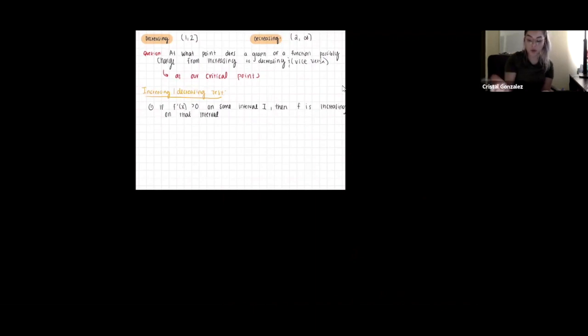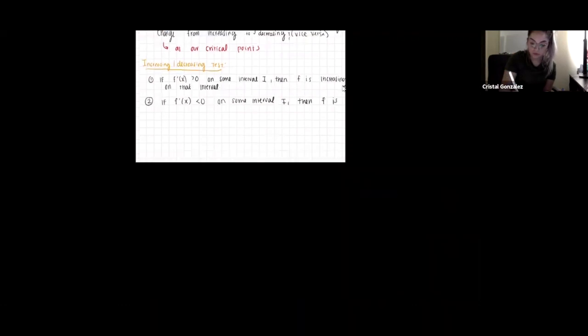Perfect. All right. And then 2, it tells us that if our derivative, f prime of x, is less than 0 on some interval I, then f is now decreasing on the interval.